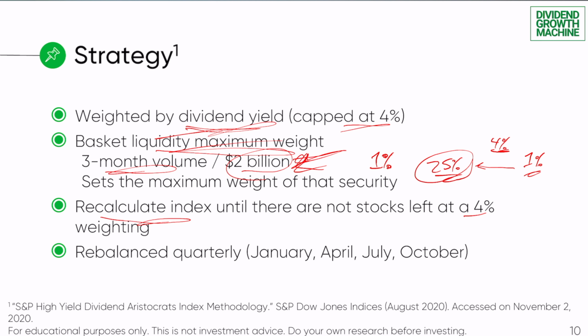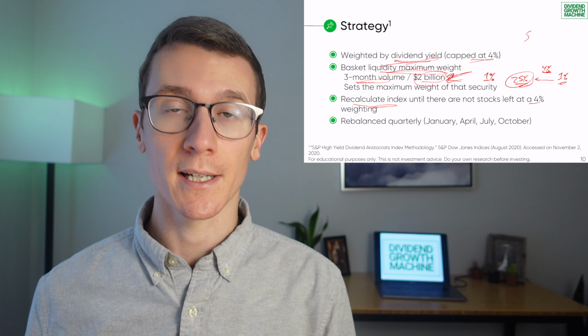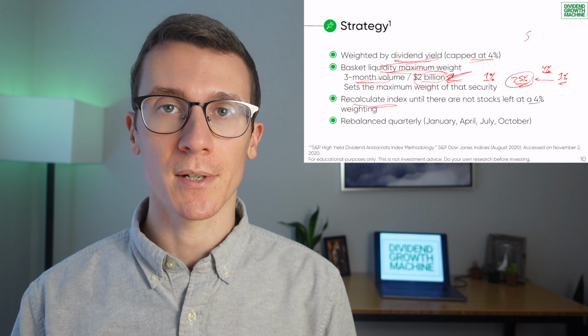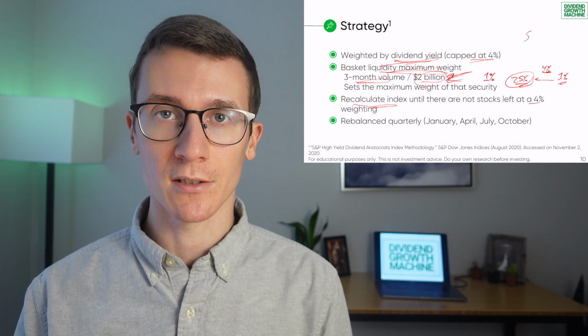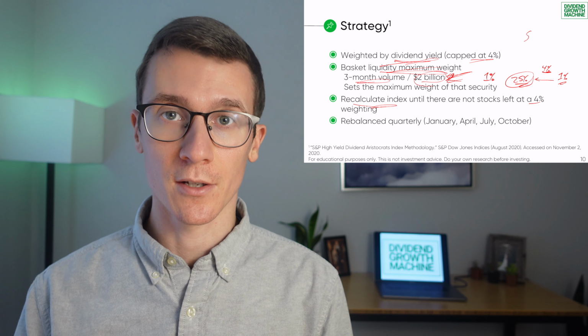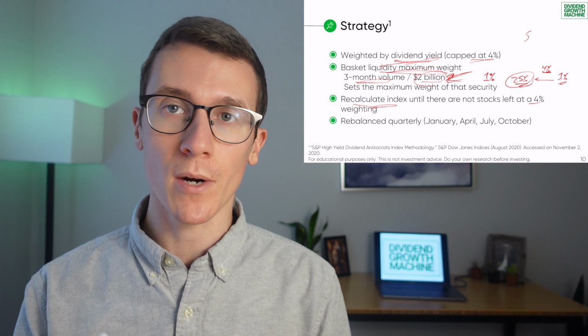So for example, say you've got 5 stocks right now that have really high yields. Energy, for example, a lot of those companies are pushing 10% dividend yields. A lot of those are large, so ExxonMobil, Chevron, those companies would likely get a very high weighting here.